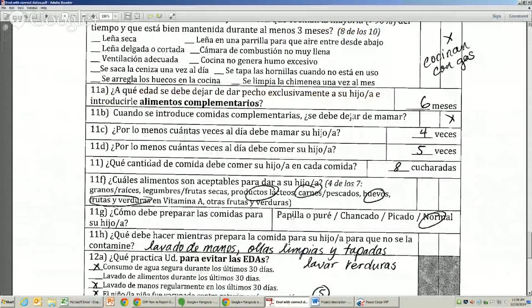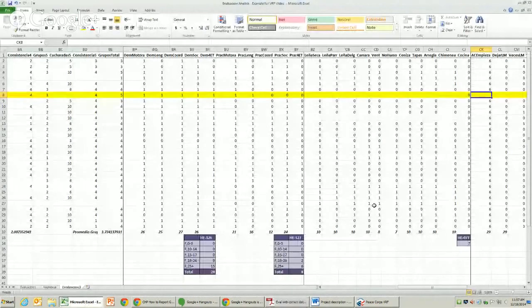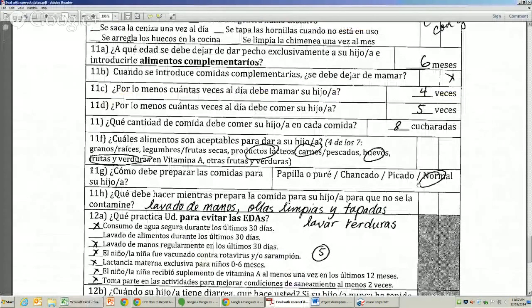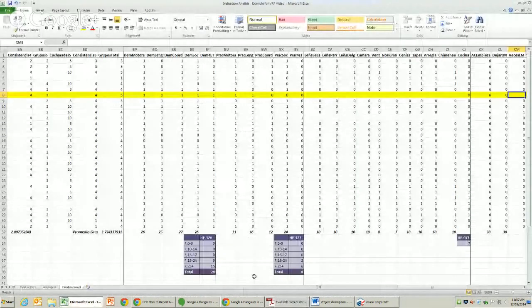Now correctly answered that at 6 months you should start complementary feeding. Correctly, a no here, so 6 and 0. And has breast milk 4 times a day, eats 5 times a day with 8 cucharas, so 4, 5, and 8.